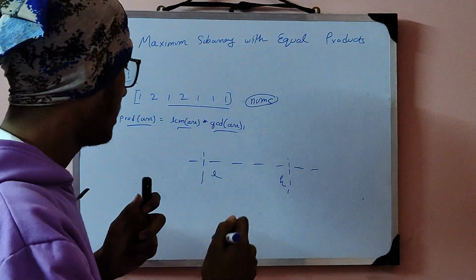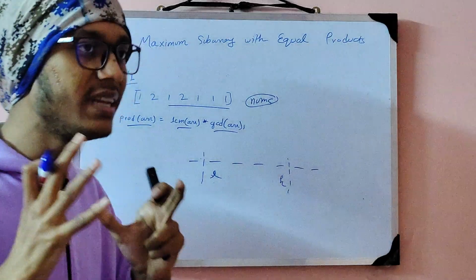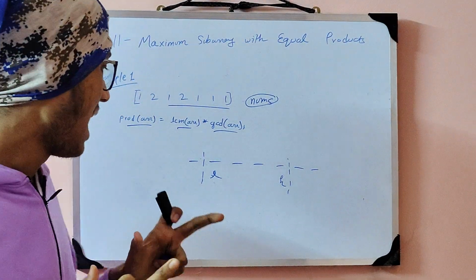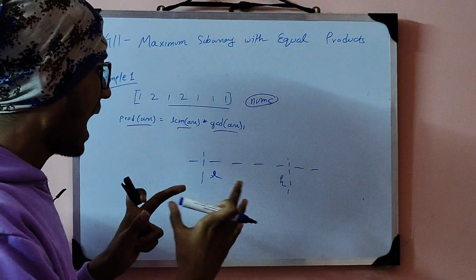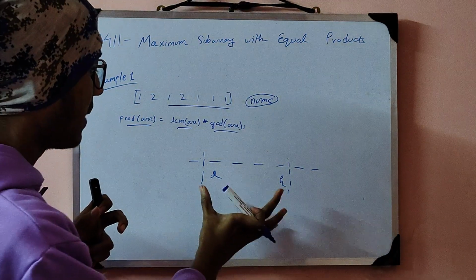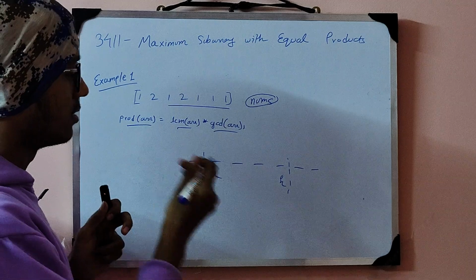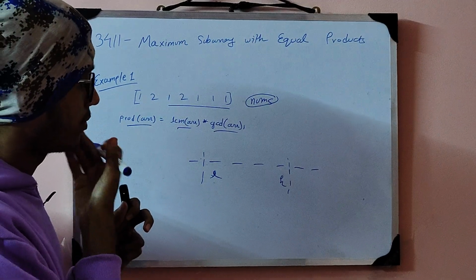I can have a low and a high. Low and high indicate the portion I am working with right now. Low is the lower bound, high is the upper bound.